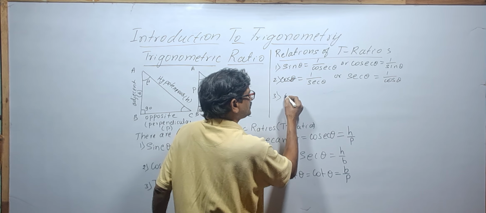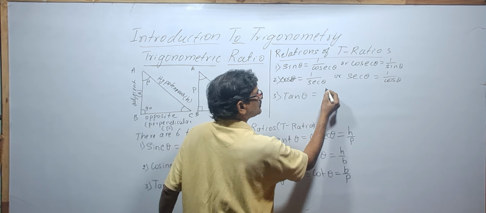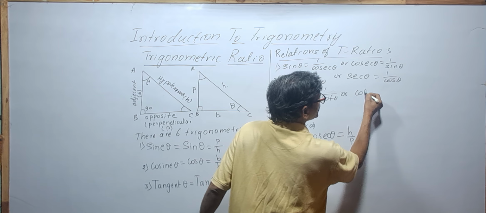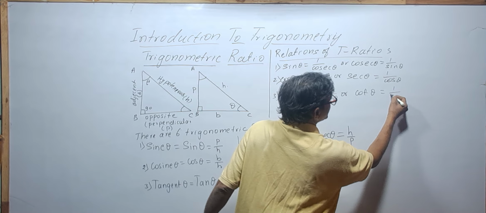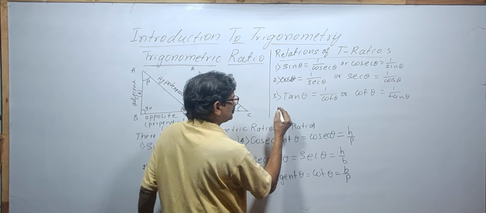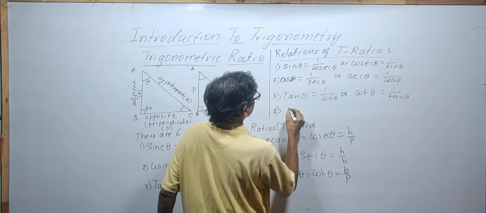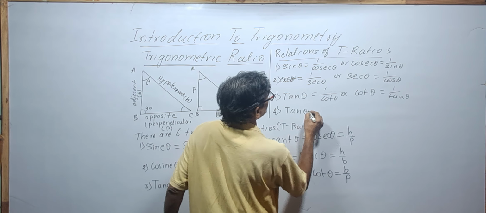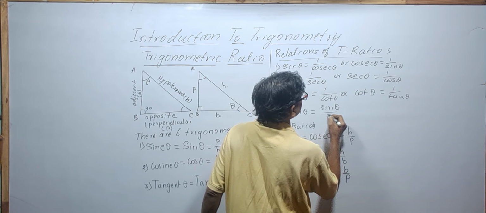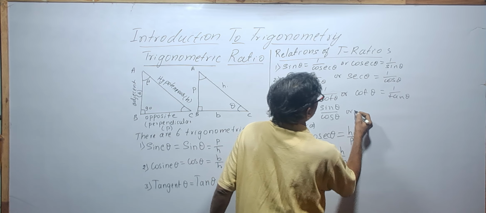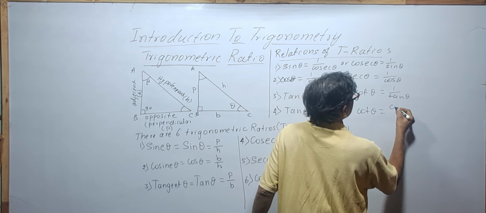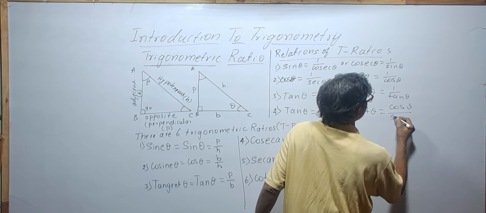Third, tan theta equals 1 by cot theta, or cot theta equals 1 by tan theta. And the fourth relation: tan theta equals sin theta by cos theta, and cot theta, its inverse, equals cos theta by sin theta.